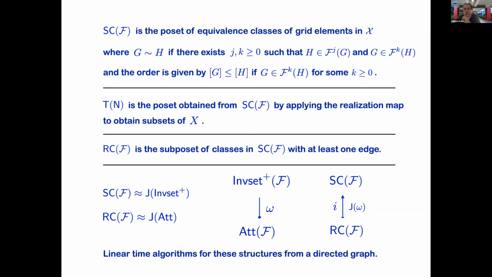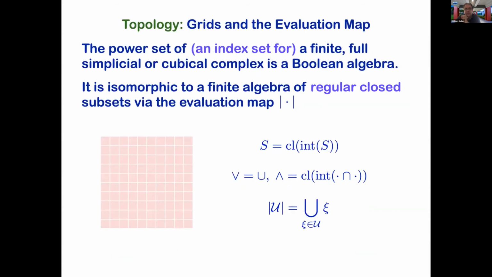And as Constantine said, it's very efficient to find these things. There are linear time algorithms, Tarjan's algorithm, for finding these types of structures. Okay. So as I said, we use this idea of a realization map.